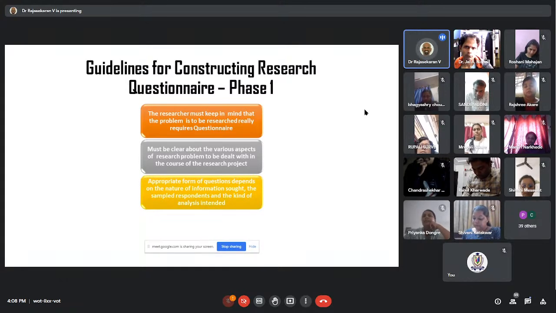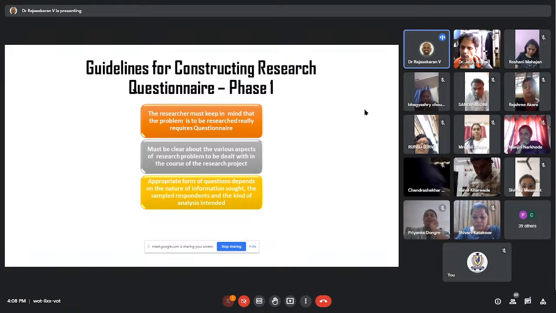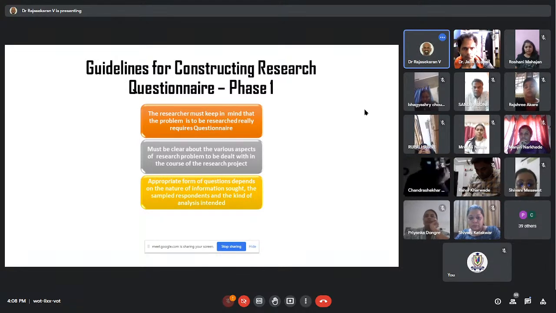Here you are giving freedom to the respondent; whatever they feel they can write. Whereas in another form of question, you give 5 options: very good, good, bad, very poor, very bad, or whatever you give. Here the respondent will have the option to choose from the given options, whereas in the open-ended question, they can write anything they want.